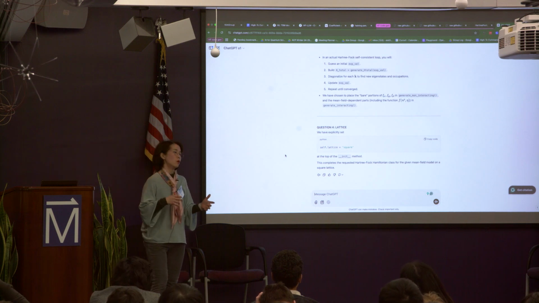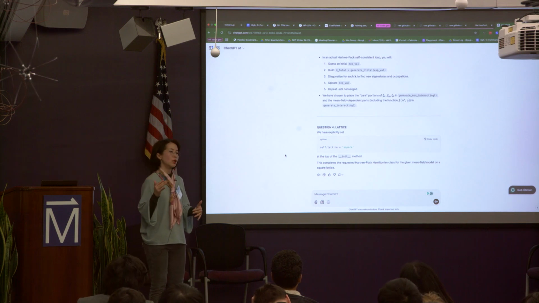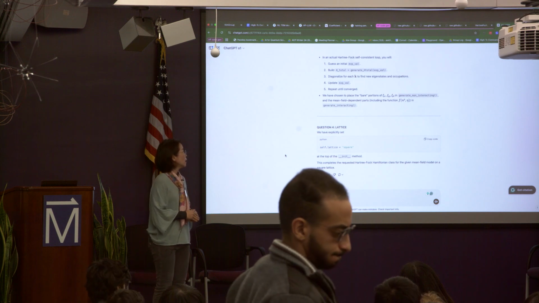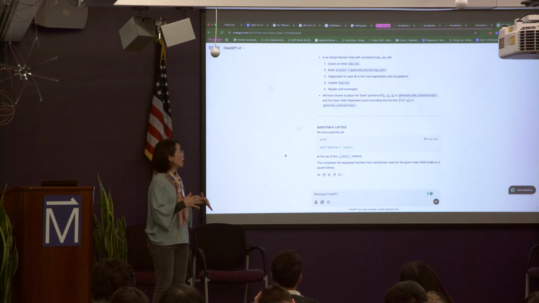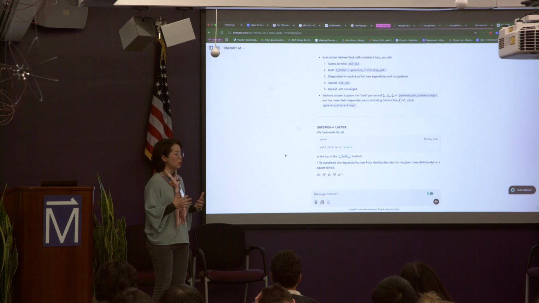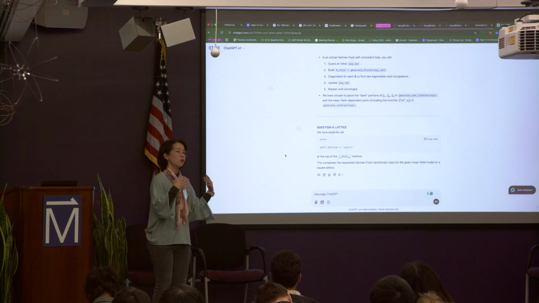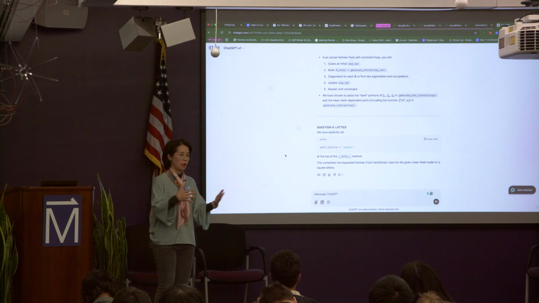But O1 made a big difference. It was a really big difference between O1 and all the other models that we looked at. We had code, but the darn thing was not running, and then we started using O1, and now it's running. And now we can ask the next question.